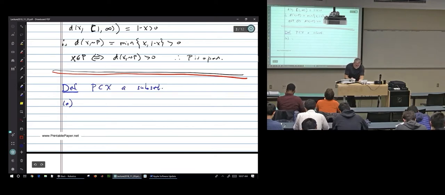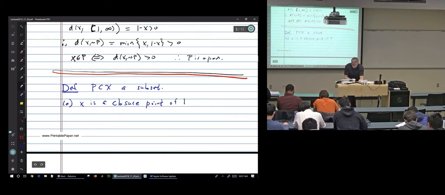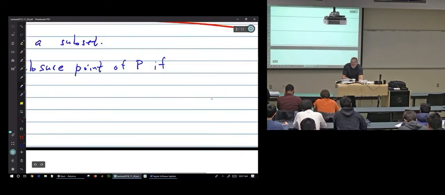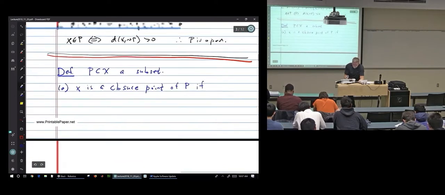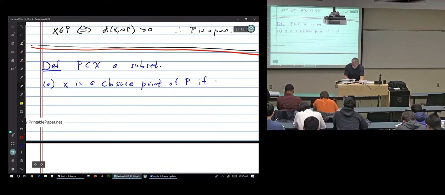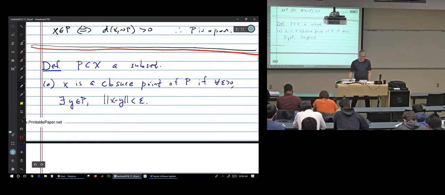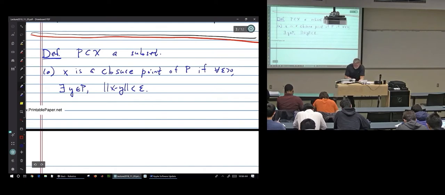A point X is a closure point of P if for every epsilon greater than 0 there exists Y in P such that the distance from X to Y is strictly less than epsilon, i.e. the distance of X to P is equal to 0.